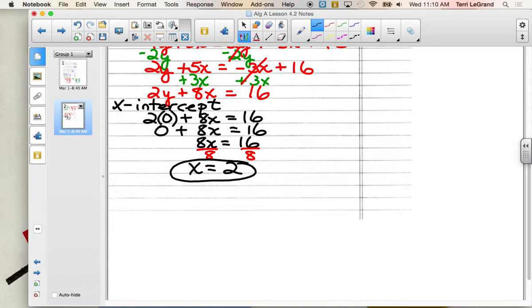Okay, you go find the y-intercept now. Write it down that you're finding the y-intercept next.